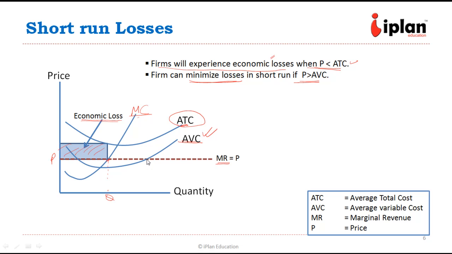So if the company is producing till this point, the marginal revenue is going to be more than average variable cost. So the company can still minimize losses, and in the long run, once the fixed cost is paid, the company can start making money. Now let us move to the next slide.